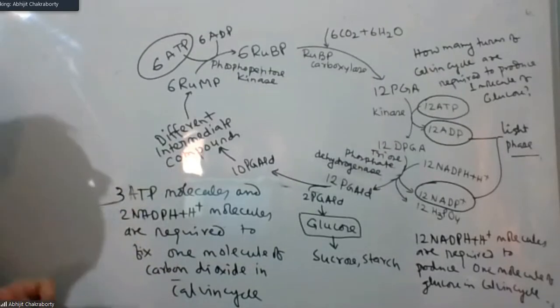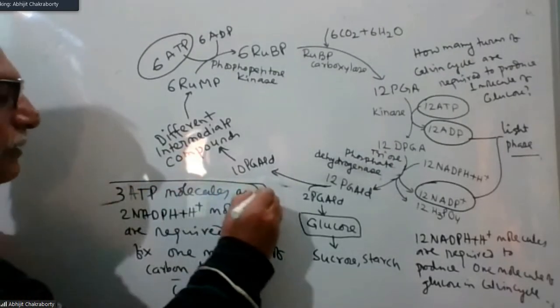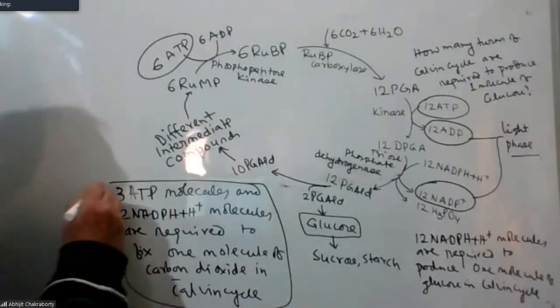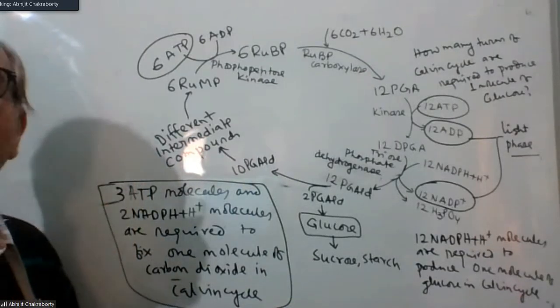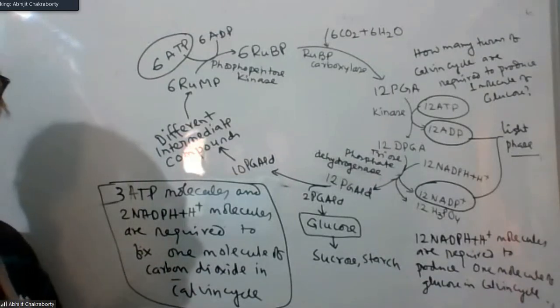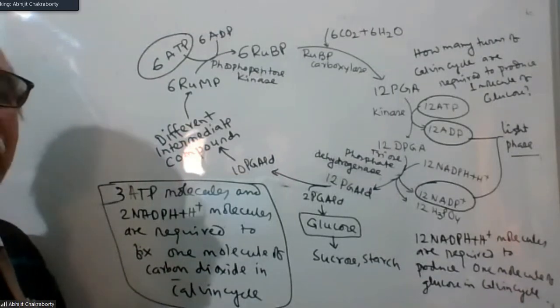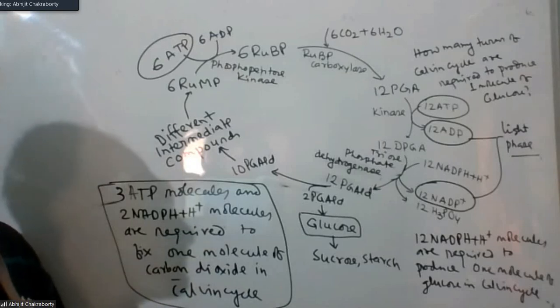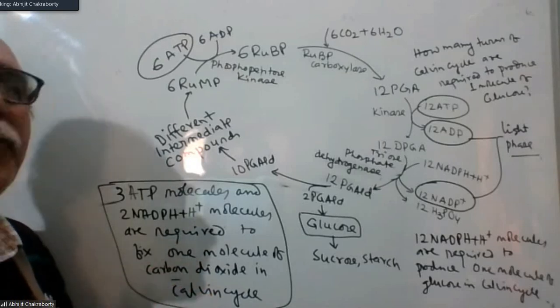That's why you have to remember this point first: 3 ATP and 2 NADPH are required to fix 1 molecule of carbon dioxide. Then easily you can answer for any number of carbon dioxide molecules fixed. This is the most important thing.